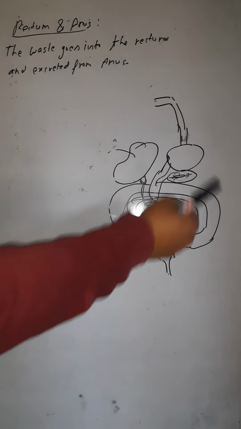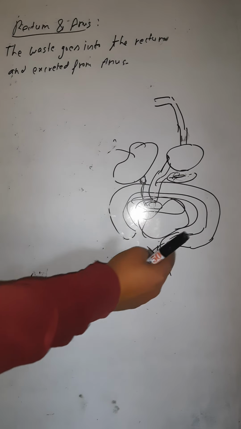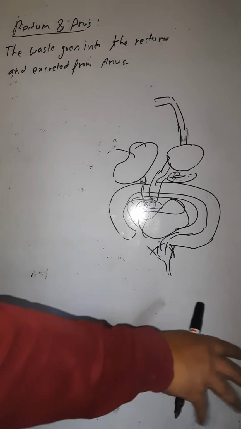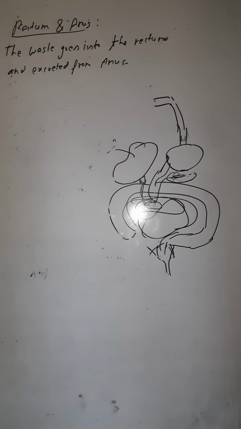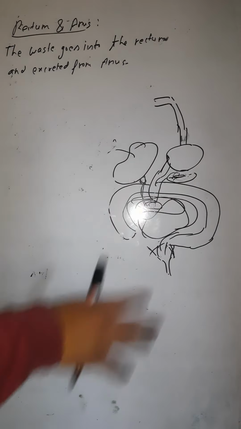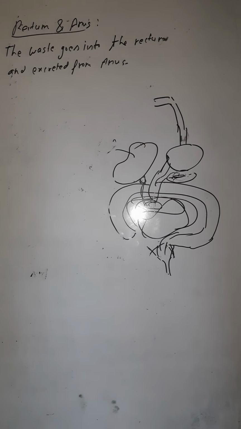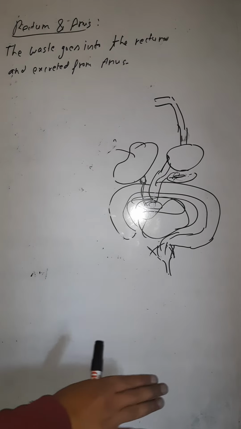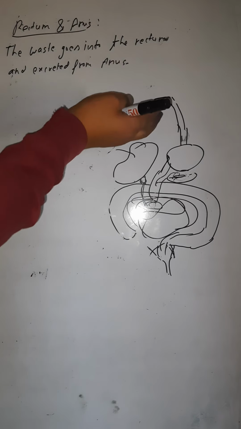It just keeps coming from the large intestine and gets stored in the rectum. Then when the brain gives a signal, it gets excreted from the anus part. Okay, so this is the function of the rectum and anus. Are you getting this? This process is called egestion, means throwing out of the waste from the body, and taking the food is called ingestion.